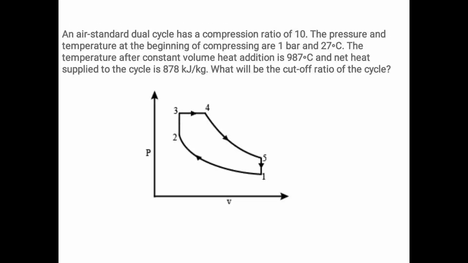Then the temperature after the constant volume heat addition, that is the T3 value, is 987 degrees centigrade. We are going to convert it into Kelvin, and the net heat supplied to the cycle Q equals 878 kilojoule per kilogram. Then we are going to find the cutoff ratio of the cycle.